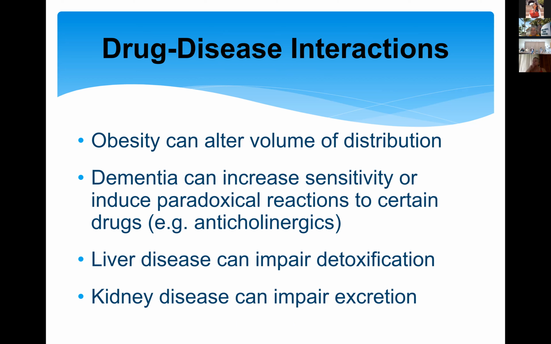Often the active ingredient of Benadryl is hidden in certain cough and cold medications or certain sleep medications. So patients may not even realize they're taking it. It's over the counter. They assume, of course, it must be safe. And they have this really bad interaction. Again, liver and kidney disease can be a real problem as well.